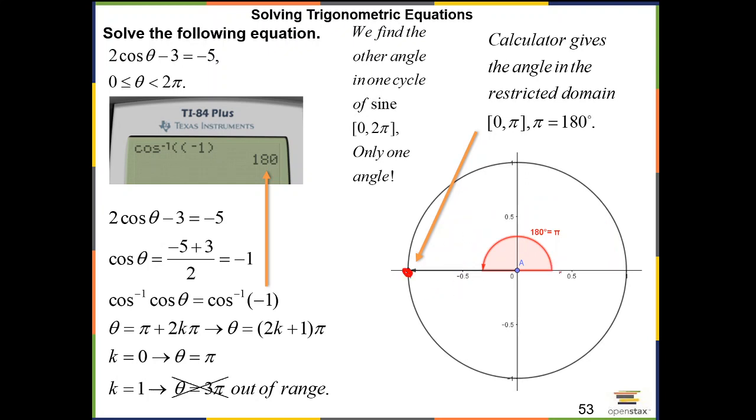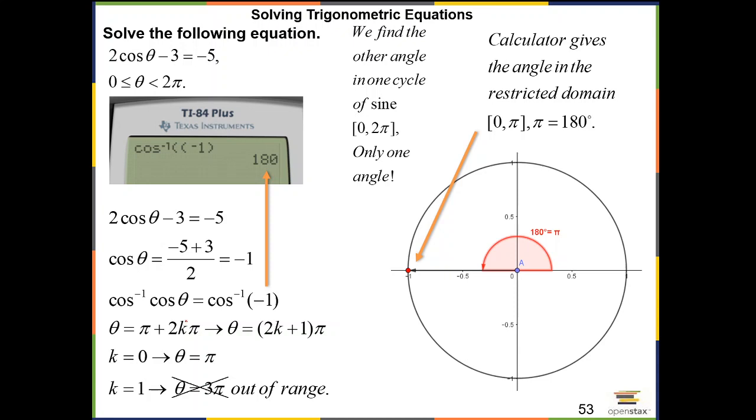And in fact, in the whole period of cosine, there is only one angle that has cosine negative 1, and that is pi. So we write it down. We say, okay, theta can only be pi plus 2k pi, because I can come here going around one time and then come here, right? Or many times. In fact, I could go the other way too. So theta is pi plus 2k pi.